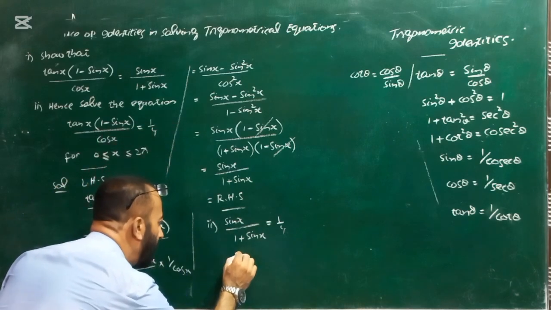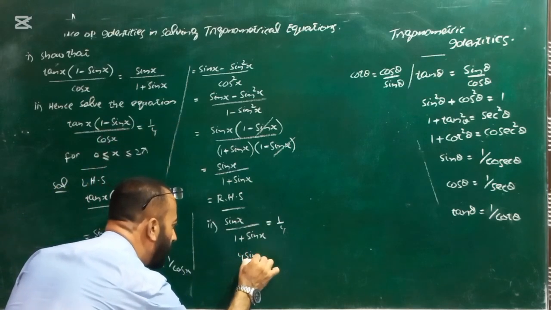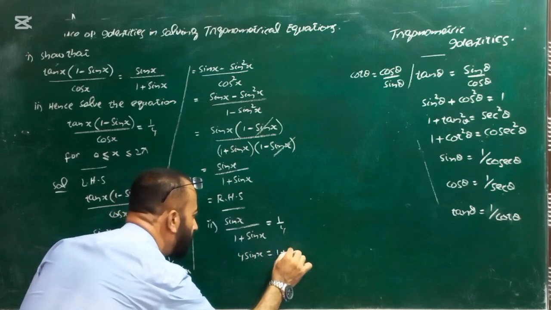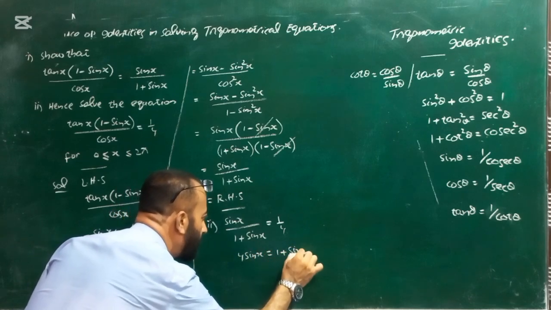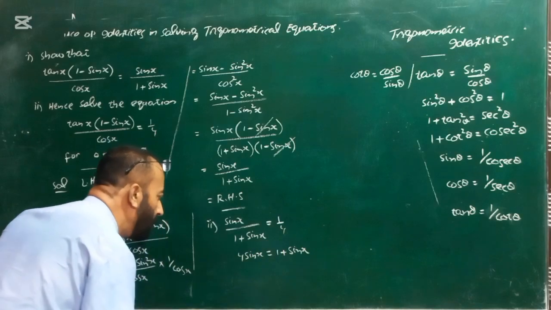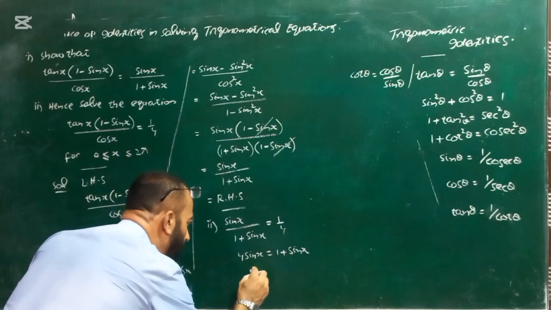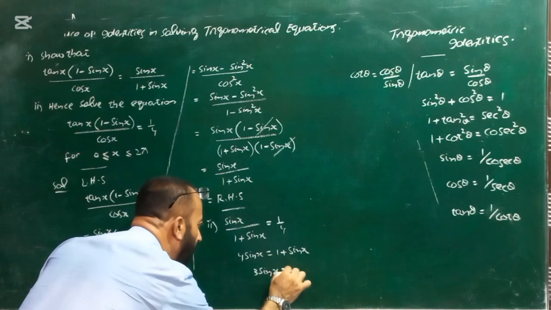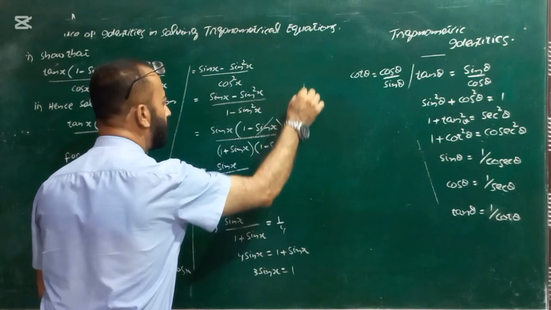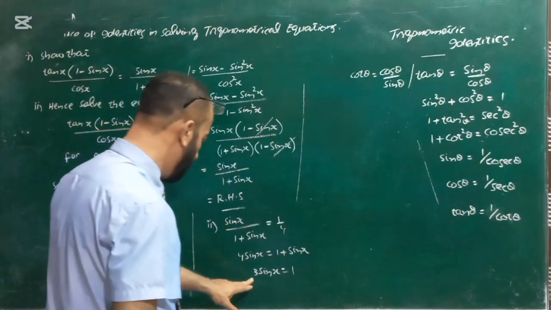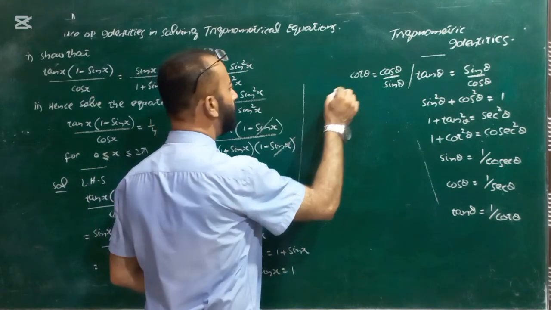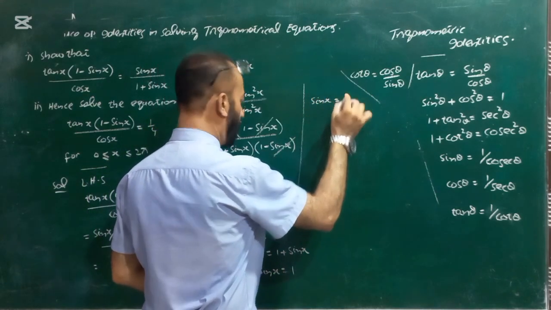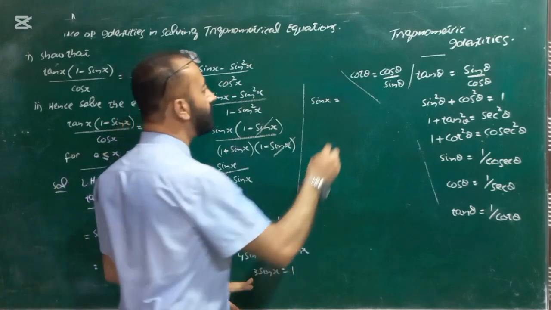From here 4 sin x equal to 1 plus sin x. So we have cross multiplied the values. Sin x will come to the left hand side. It will become 3 sin x equal to 1. Okay, from here sin x will be equal to 1 by 3.